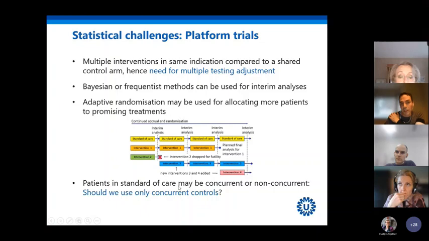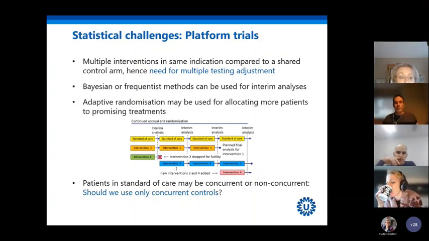For instance, in the figure here, you see that intervention 4 starts quite late. We do have patients on standard of care in the first 3 intervals of the trial. Of course, this brings a lot of information, but we could also restrict to only using the patients on standard of care in the same period as the inclusion period for intervention 4 for the first interim analysis.